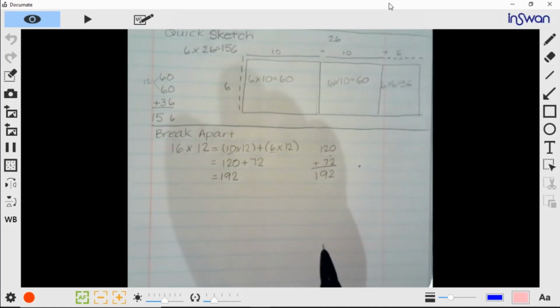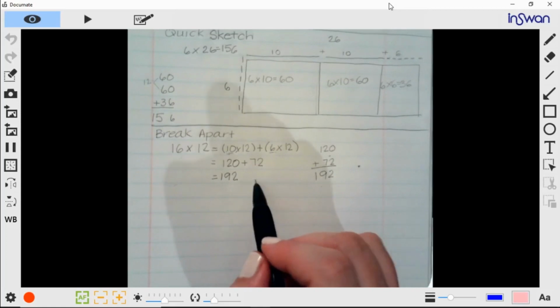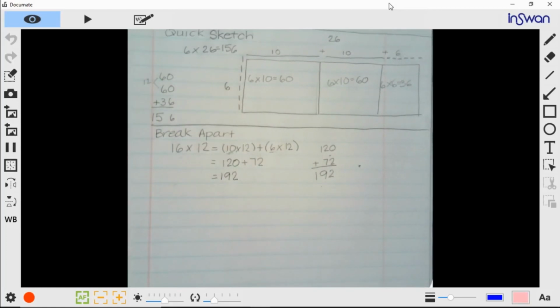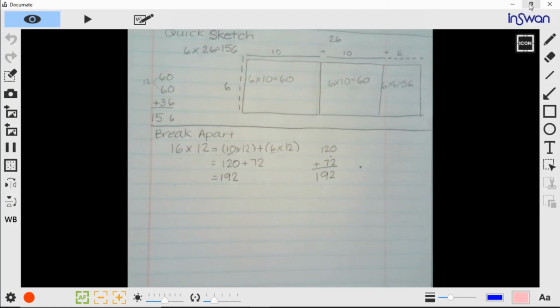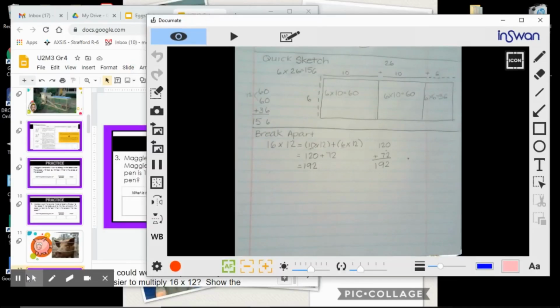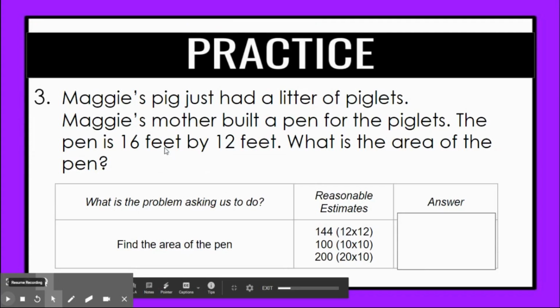And of course, we're talking about 192 square feet. So let's go back into the problems and throw in our answer.